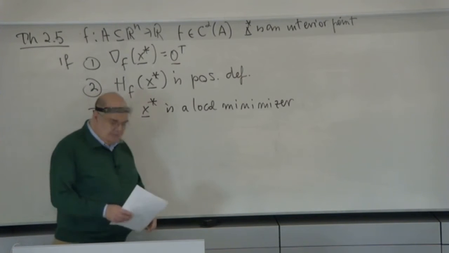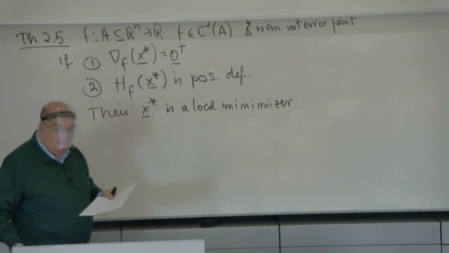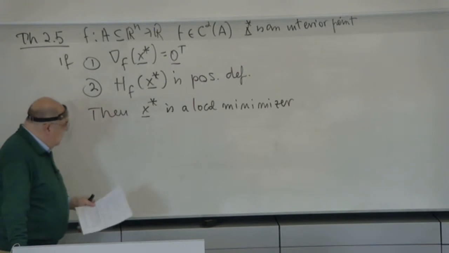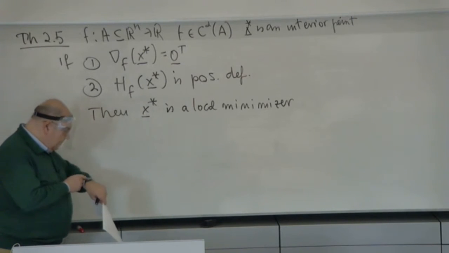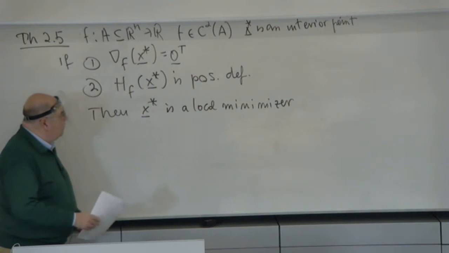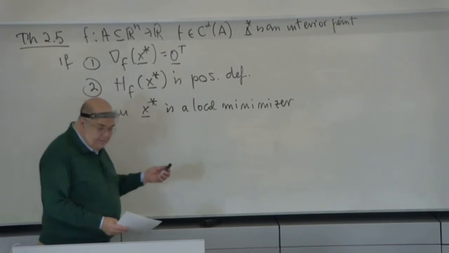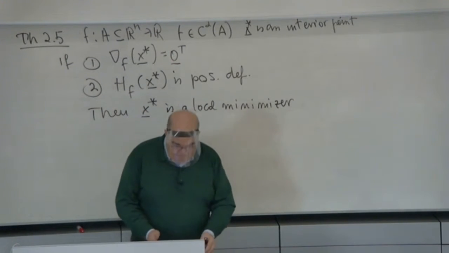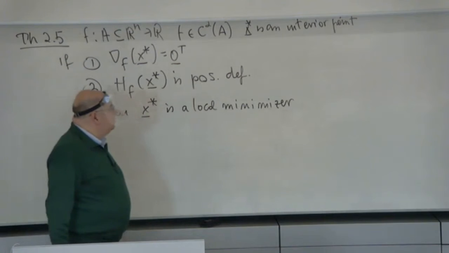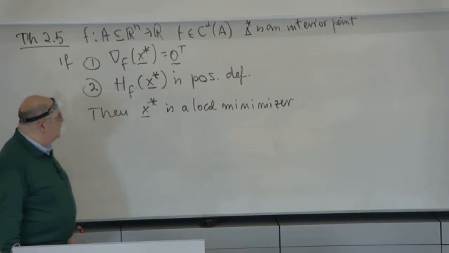And so X star is a local minimizer. I wrote the proof in my notes, so you can look at it, but that is the main idea behind this. And again, this is in the same way we work in the one-dimensional case.